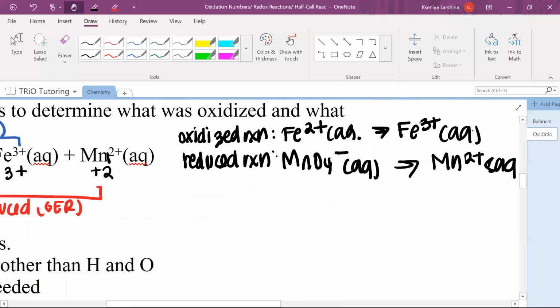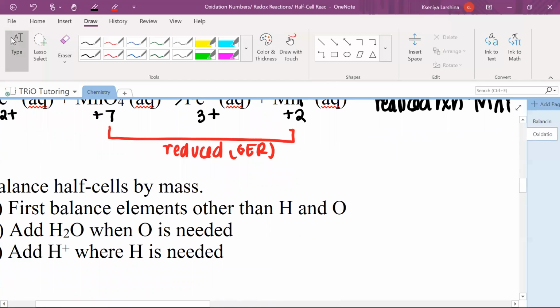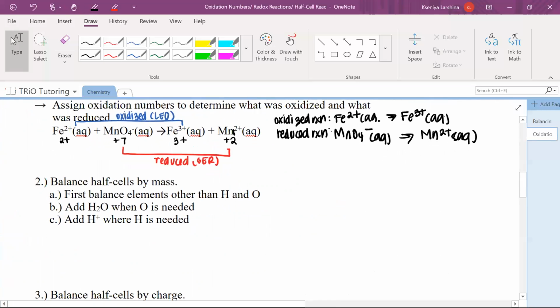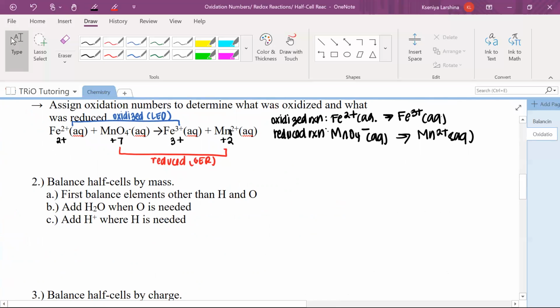So then you would add water to where oxygen is needed. In your oxidized reaction, you don't need to add water because there is no oxygen. And in your reduced reaction, you have oxygen right here, so you would have to add enough water to balance out the oxygen on your reactant side.